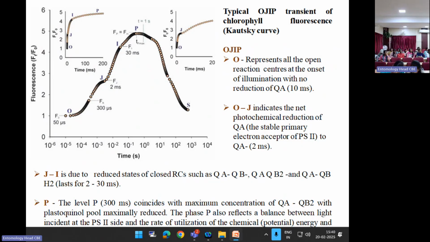That is, when a photon strikes the chlorophyll atom, there are three types of things that take place. One is fluorescence, one is heat, and the third is photochemistry. Photochemistry is the process by which we get our food. That is the main process by which chemical energy is converted into food production.